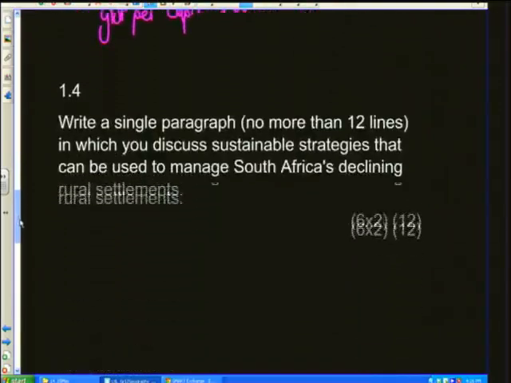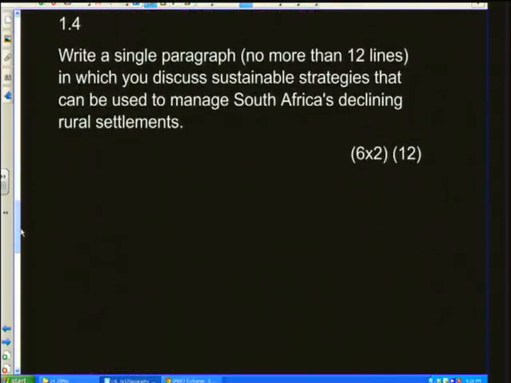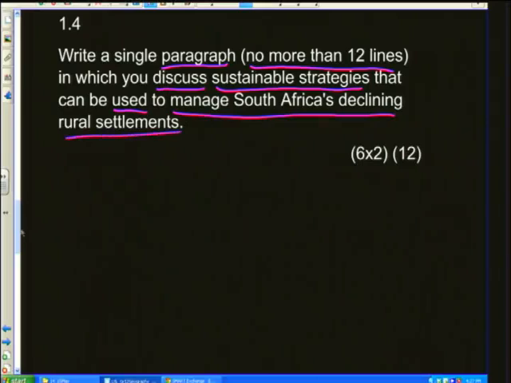If you have a look at the next question, write a single paragraph, no more than 12 lines, in which you discuss, so everything has to be in a sentence, sustainable strategies that can be used to manage South Africa's declining rural settlements.